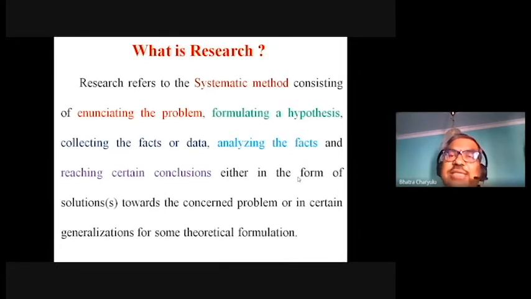Research refers to a systematic method consisting of enunciating the problem, formulating a hypothesis, collecting the facts or data, analyzing the facts, and reaching certain conclusions, either in the form of solutions to the concerned problem or in certain generalizations for some theoretical formulation. So I think you can understand the similarity between the definition of statistics and the definition of research.